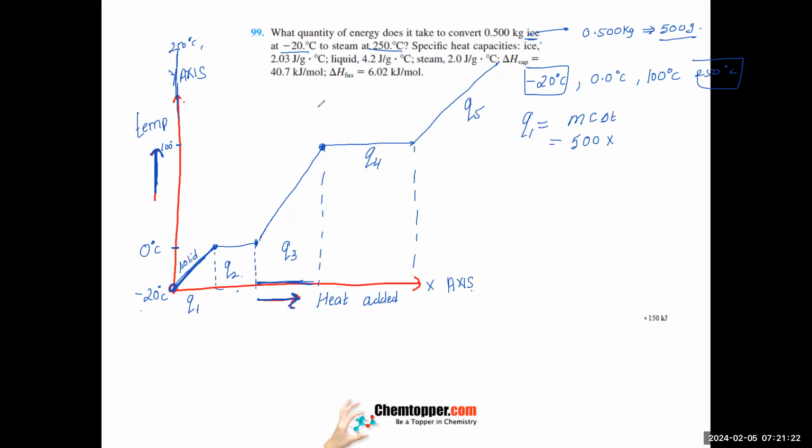Take the C of the ice, it is given. 2.03. What is delta T? Yes, children, delta T. Sarayu, what is delta T? It is 20. The answer will be in joules.